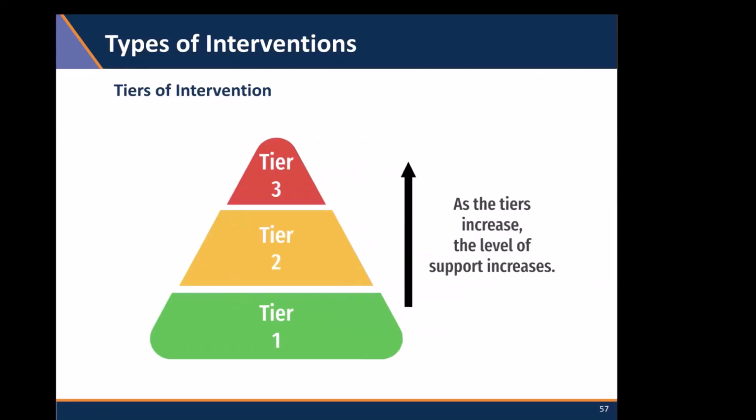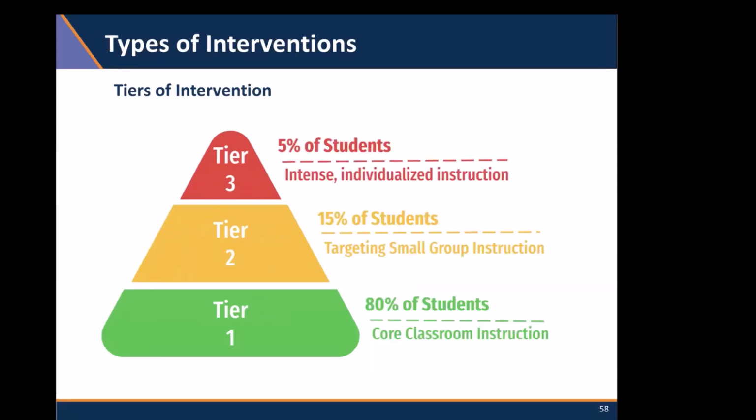As we're looking at the tiers of intervention, we know that as the tiers increase, the level of support increases as well. So as we go up through the tiers, the teacher to student ratio goes up. These percentages are showing the amount of students within a classroom or a school that should be receiving the different types of intervention.